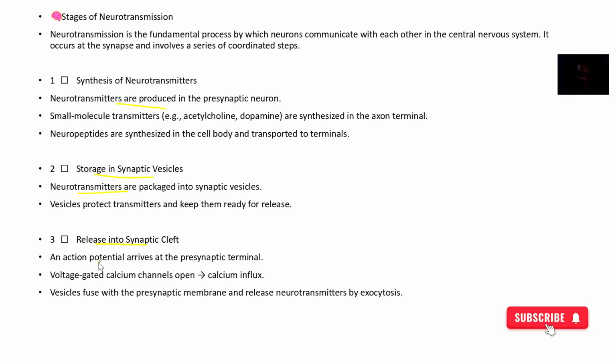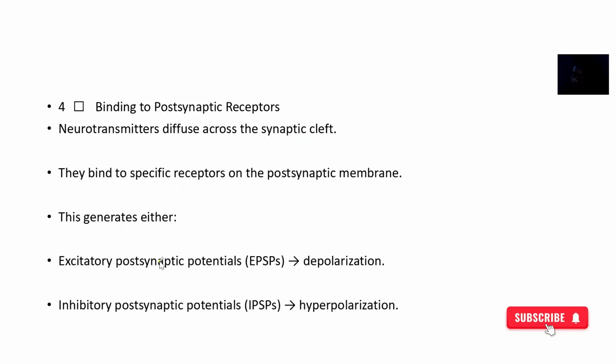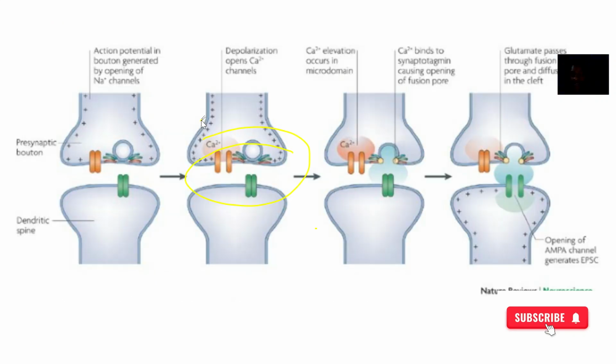It's because of action potentials, different signals, that highlight if your body needs it or not. Then it binds to the postsynaptic receptor. So the nerve that is after the synaptic cleft, right, it has to have receptors that recognize that neurotransmitter that is released into the synaptic cleft.